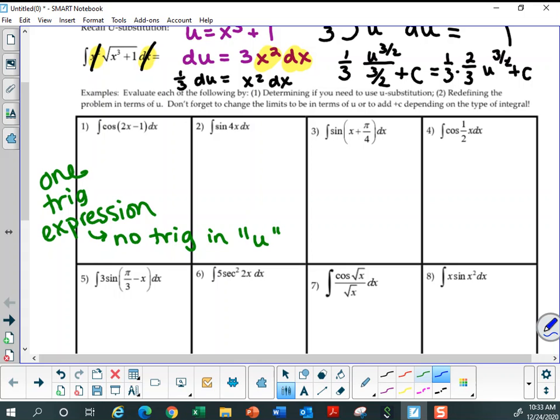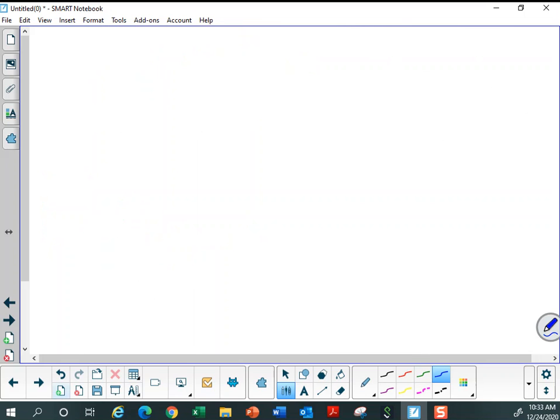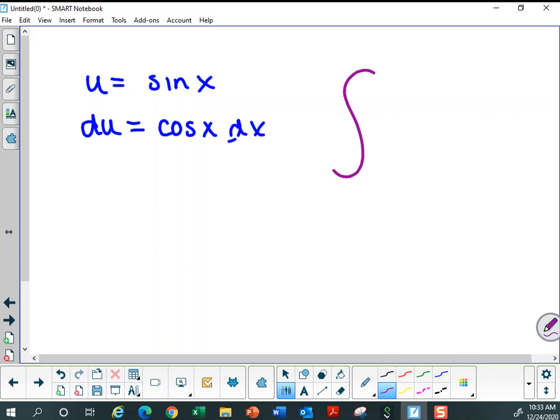Because if we have trig in our u, just think about that for a minute. If u was, for example, the sine of x, then du would be cosine of x dx. And for a substitution like that to work, we would need to have both of those items in the integrand.